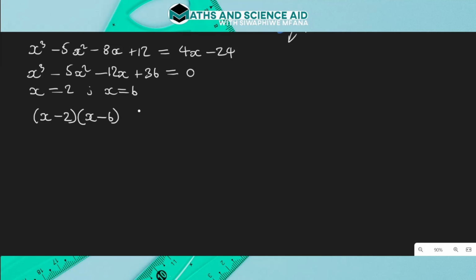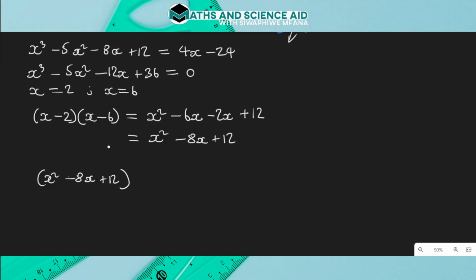So what I am going to do first is expand this. So this is going to give us x times x, which is x squared, x multiplied by negative 6, which is minus 6x, negative 2 times x, which is minus 2x, and negative 2 times negative 6, which is positive 12. And therefore, this is equal to x squared minus 8x plus 12. So now we are going to take this and write it inside the brackets.